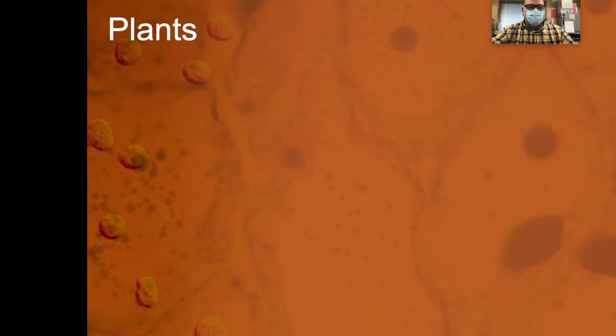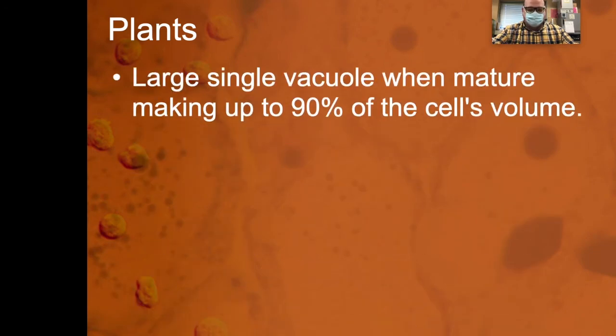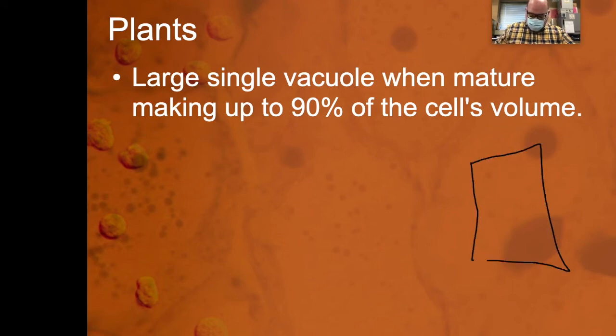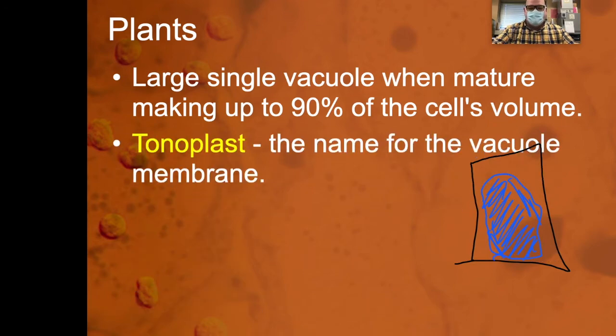All right, what do plants use vacuoles for? A plant, if this is a plant cell, will often have one really big vacuole that can take up almost the whole cell, full of water. This vacuole has a special name for its membrane called tonoplast.